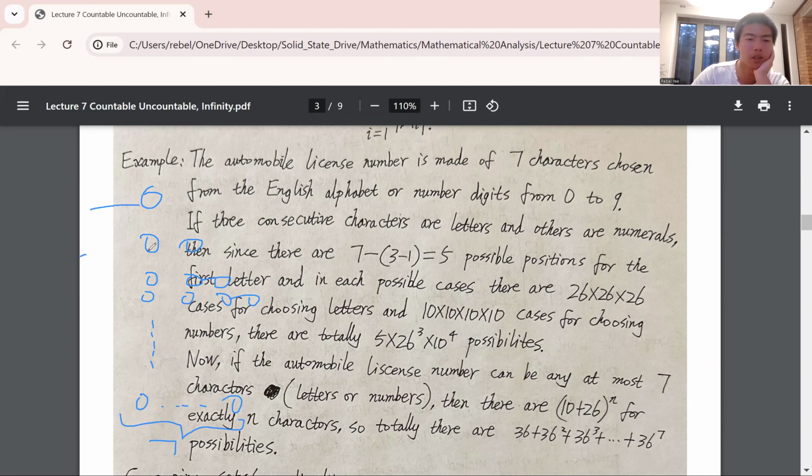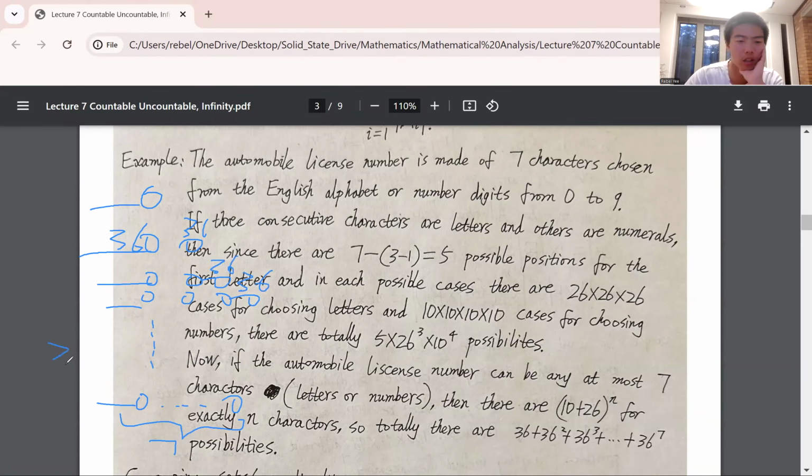We will treat them separately, and how can we use the product rule to solve it? Because for each position we have 36 choices, and the second place 36, third place 36, fourth place 36.